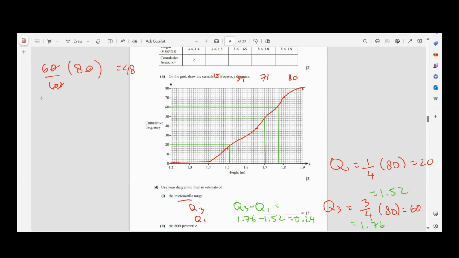This one I get 1.7. Maybe it will be 1 point something, but for me I got 1.7. Okay, that is for part II.